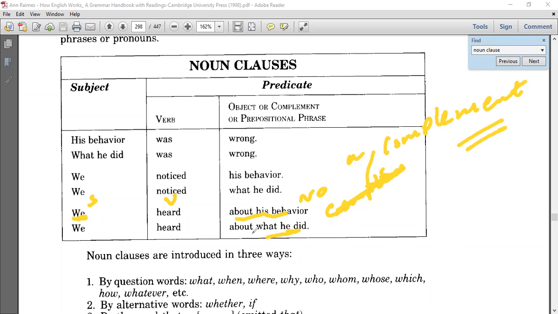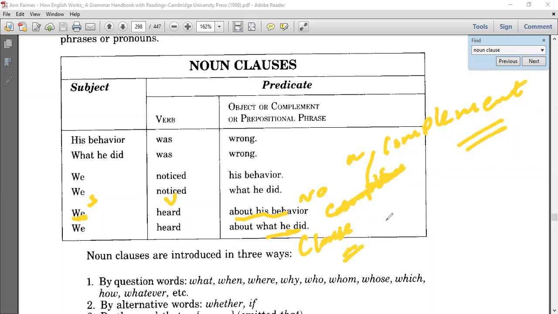Whereas here, about what he did, right? We heard about what he did, right? So here, the complement is not a phrase, rather, it's a clause.